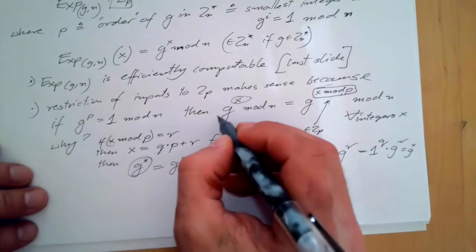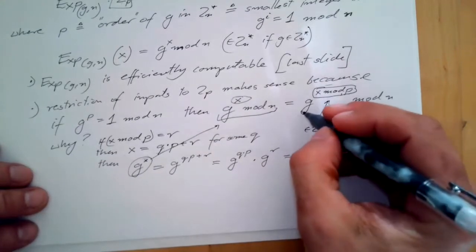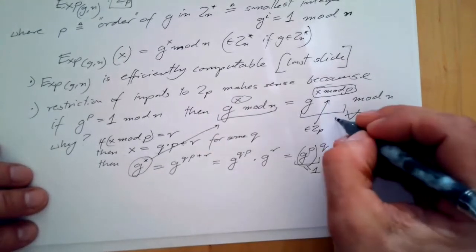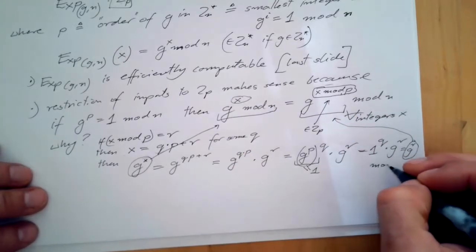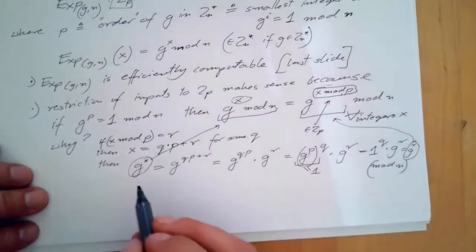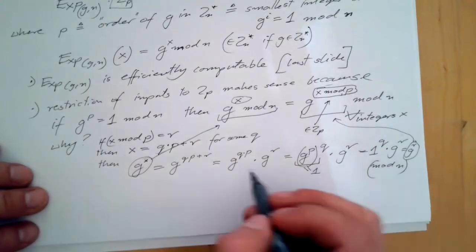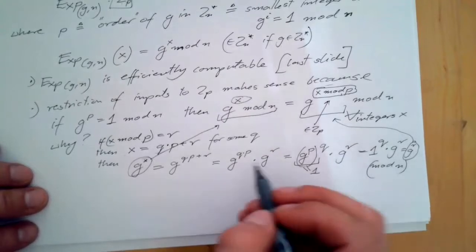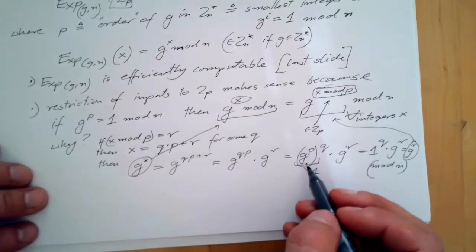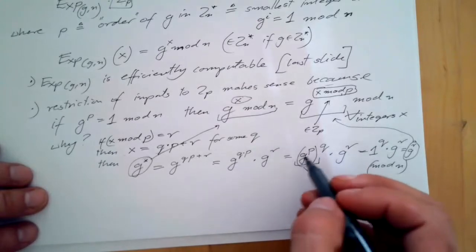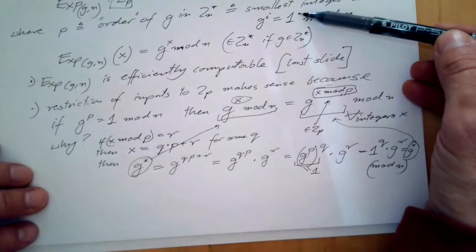So this thing is the same as this thing. Yeah, all these multiplications were mod n. Some of these work over integers, but this one didn't: over integers, g to the p is some huge number, but mod n, g to the p is 1.